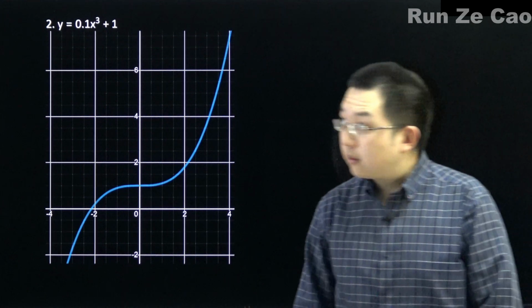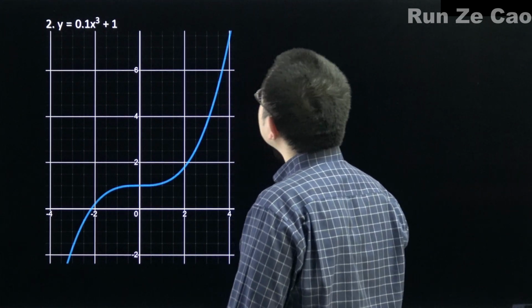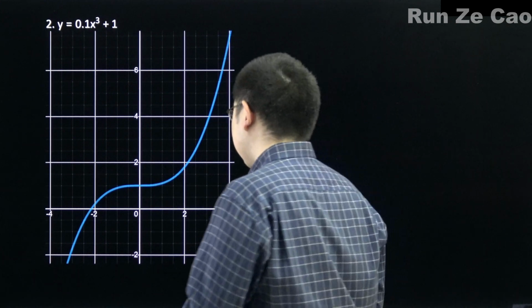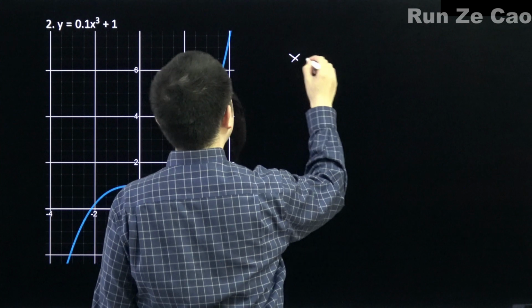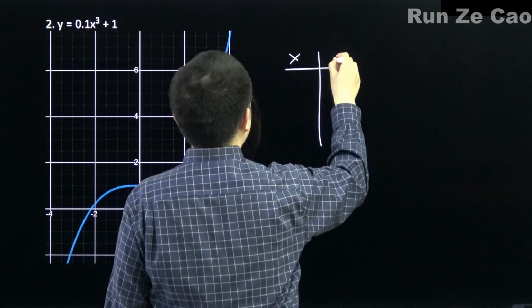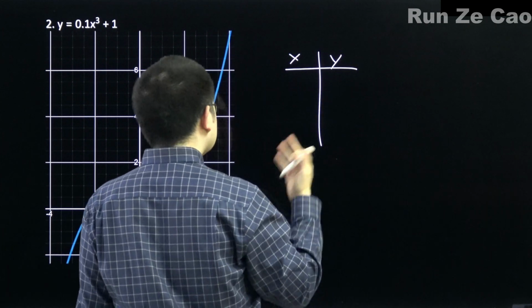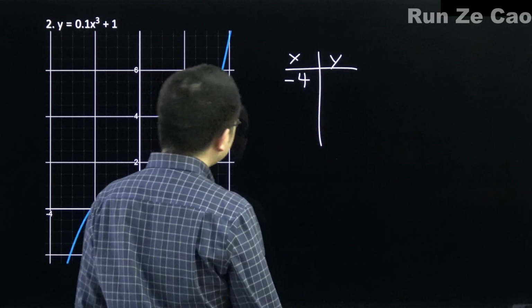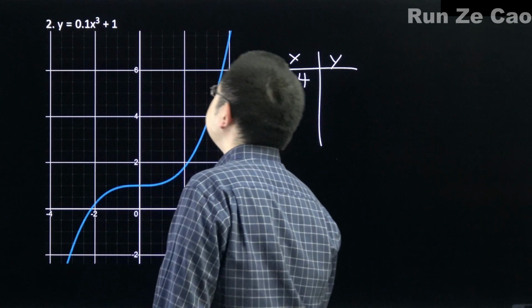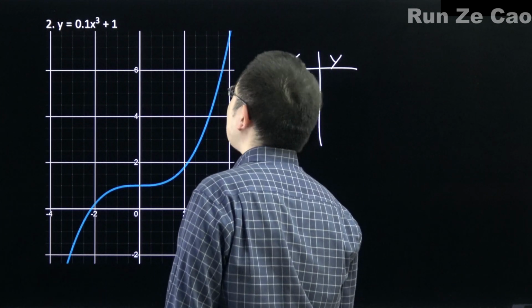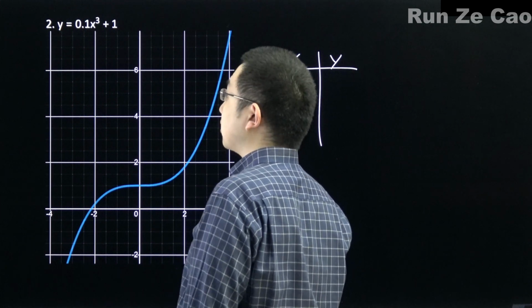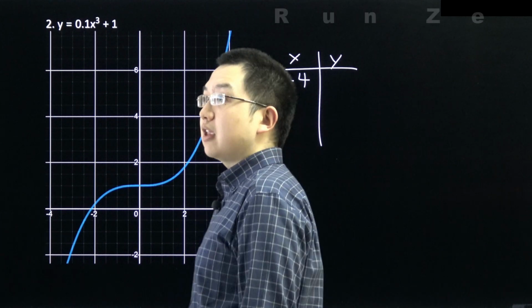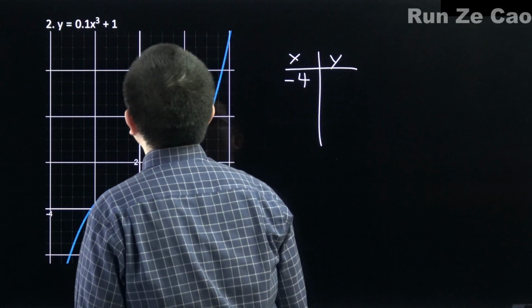Now for this next example, we have 0.1 times x cubed plus 1. 0.1 times x cubed, huh? Well, that means we can actually do a reasonably wide spread for x. So we might not have to do any fractions for x. Actually, we don't have to. Okay, so x equals negative 4. What happens? Oh, negative 4 cubed is negative 16 times 4, or 16 times negative 4, which is negative 64, times 0.1.